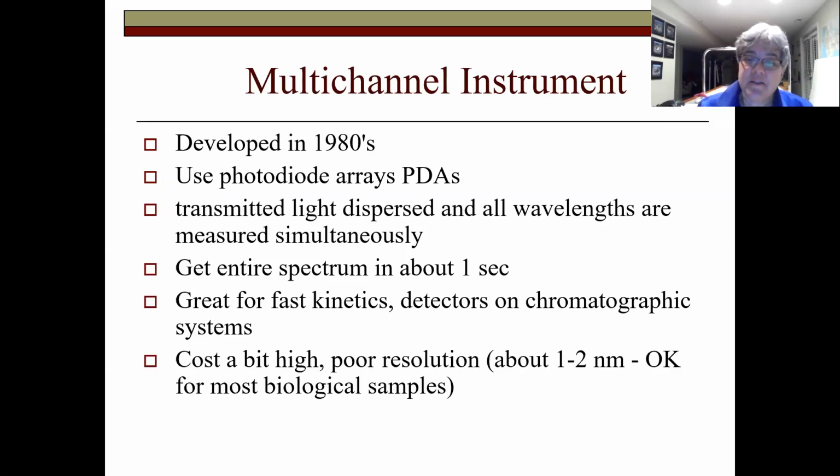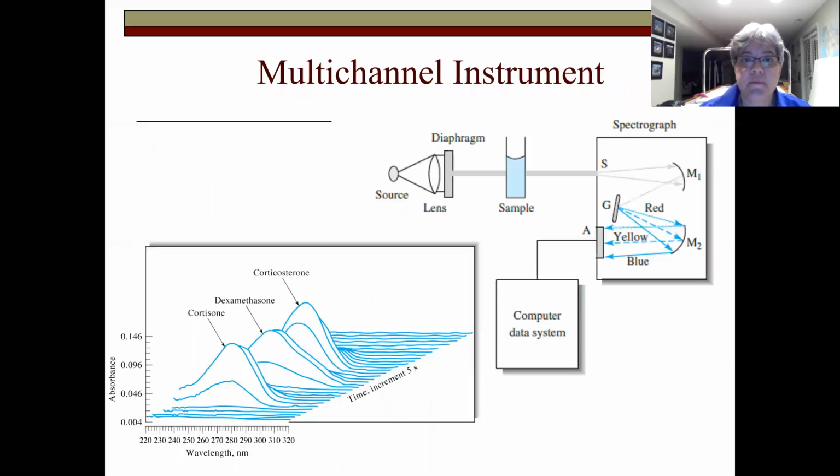Again, this kind of detector is going to be a bit more expensive. So these instruments that have this are more expensive, and the resolution's not great, but usually for most biological samples, it's good enough for what we need. All right, so this is what this looks like. My source goes through the sample. Now notice there's no wavelength selector here.